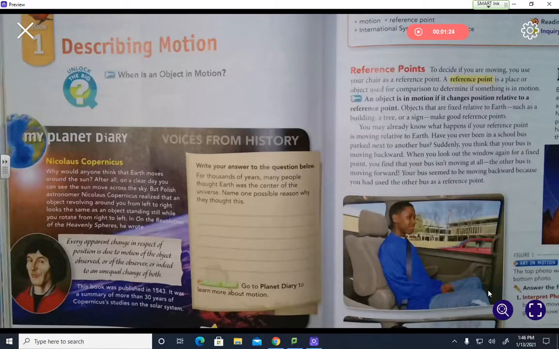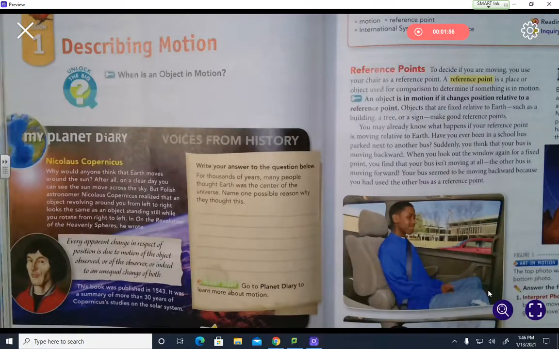In On the Revolution of the Heavenly Spheres, he wrote, "Every apparent change in respective position is due to motion of the object observed, or of the observer, or indeed to an equal change of both." This book was published in 1543. It was a summary of more than 30 years of Copernicus's studies on the solar system.